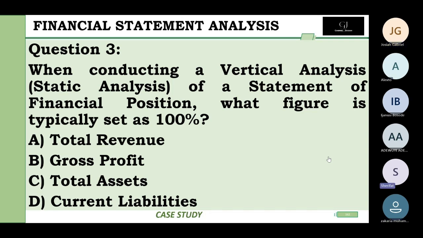No, sir. SH is picking B. Then IB is picking A. Okay, so IB went for A and ZM A, but AA and AT picked C. All right, we'll see who is correct and who is wrong on Judgment Day.